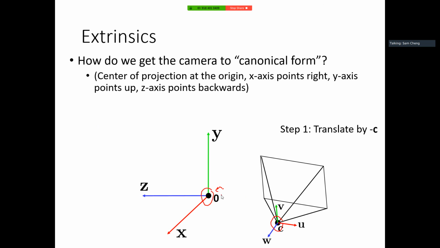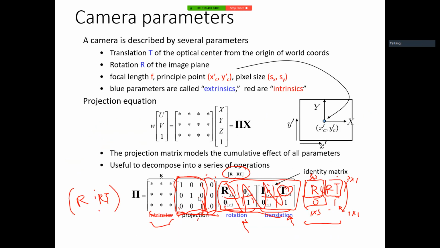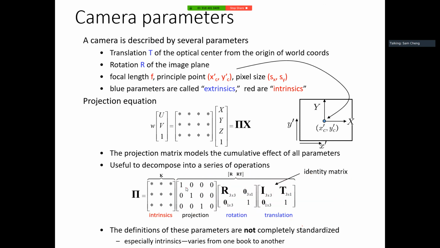Basically the origin is the same, and the axes are also aligned, basically x, y, and z point in the same directions. In that case, what will be this extrinsic camera matrix here? Basically, what will be this R and RT here?